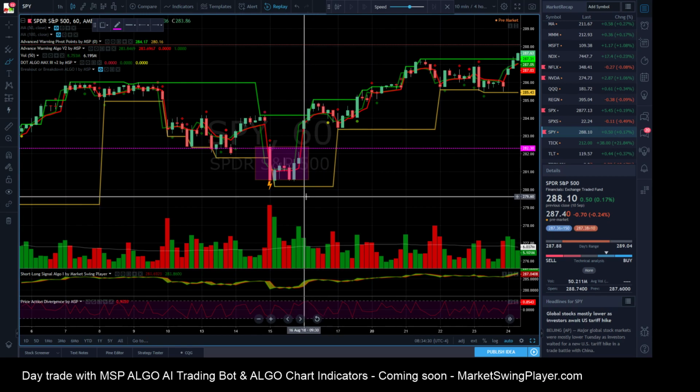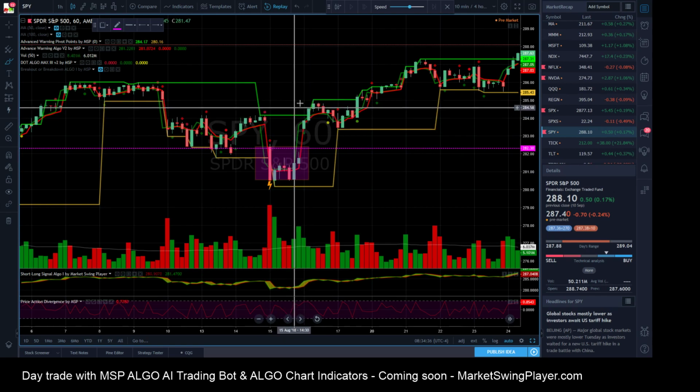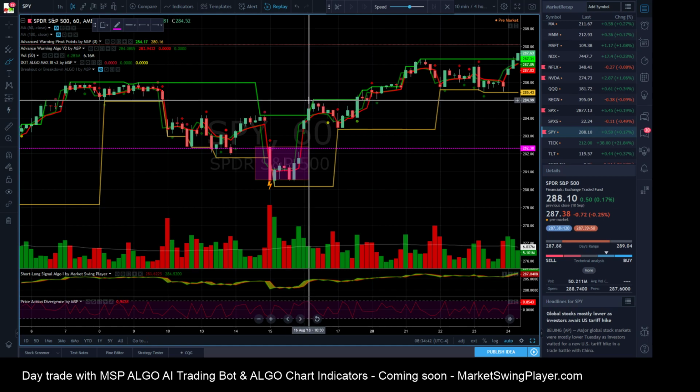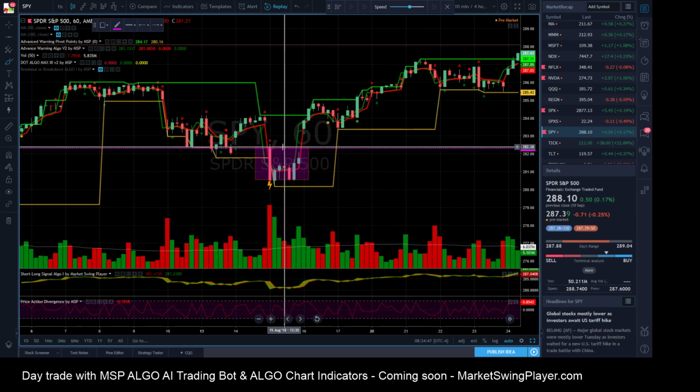When we get our breakout or breakdown, we want to base our entry on the second candle after the breakout or breakdown. In this particular scenario, we got a breakout. So the next day, it was a breakout, and this candle held. So now we're looking at trying to get into this trade, okay?